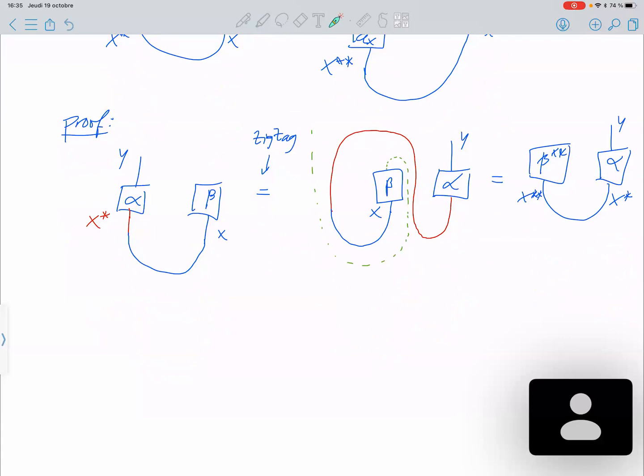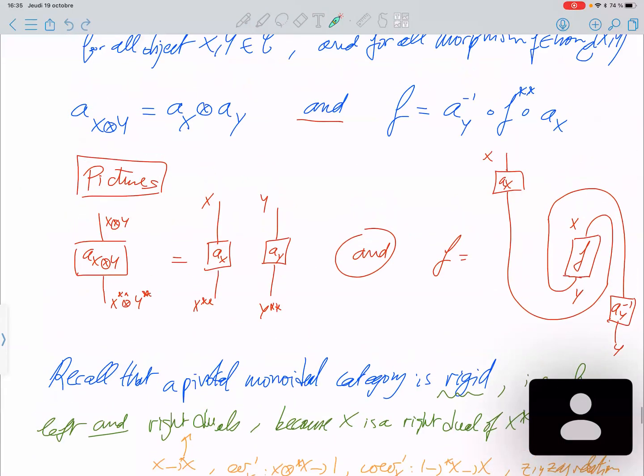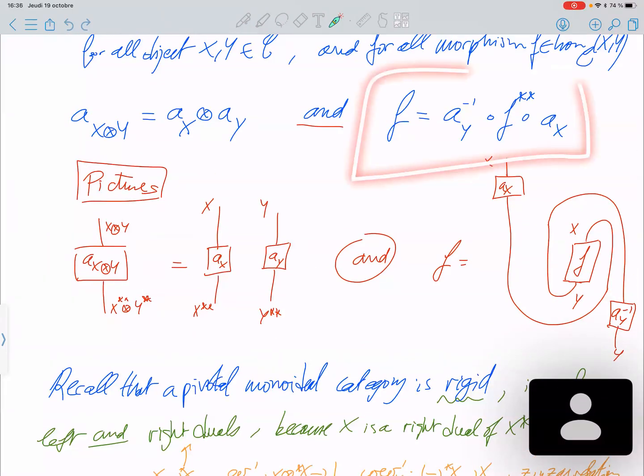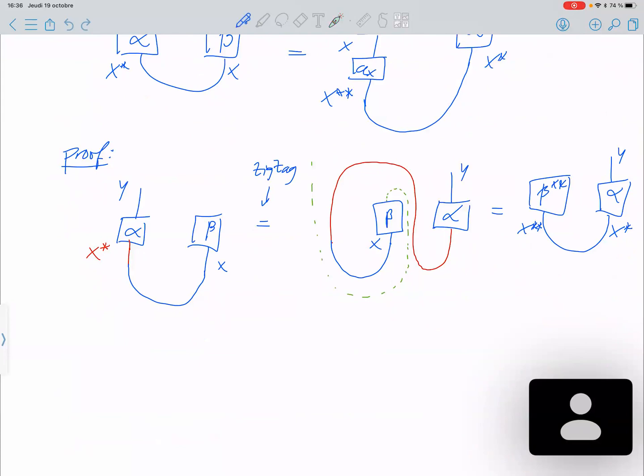Okay, so now what about the pivotal structure? Now it's done, because we already know how to reformulate this in the pivotal structure. As we see here, the double dual has a relation with the pivotal structure. And you don't need to consider the unit object.